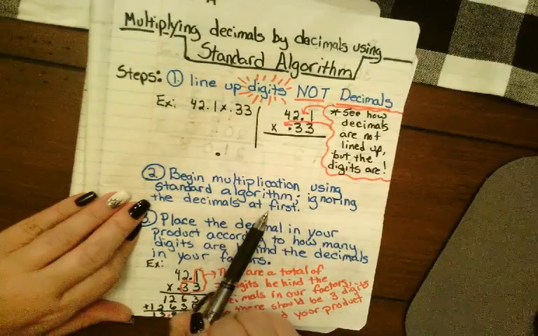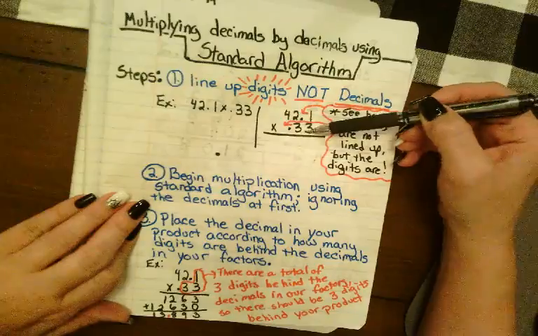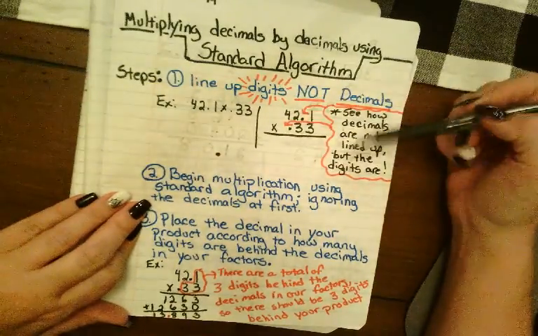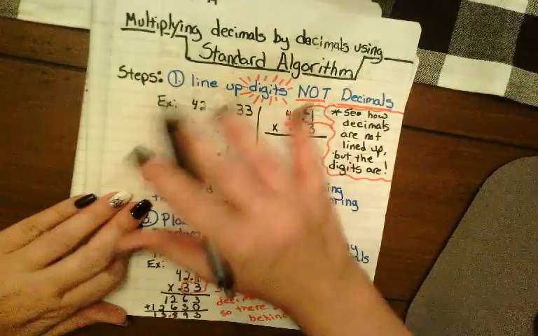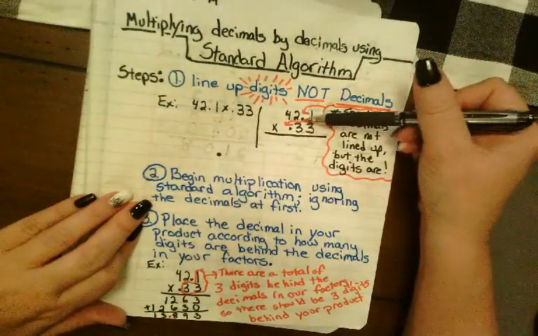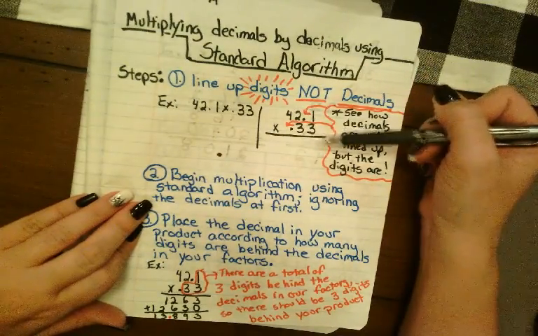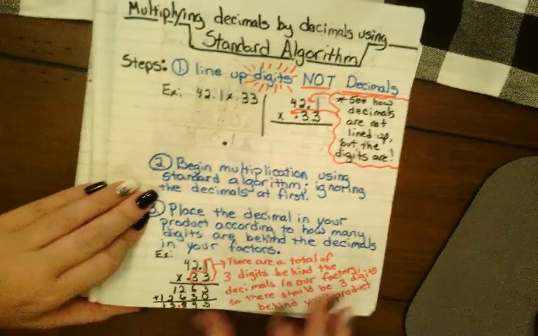Just ignore the decimals at first. You just start multiplying like you know how to multiply. Just keep going. Ignore the decimals. Pretend like they're not even there. Yes, I still want you to put them because I don't want you to forget that they're there. But just multiply straight through them without even stopping.